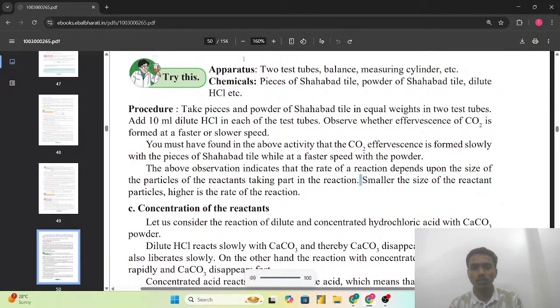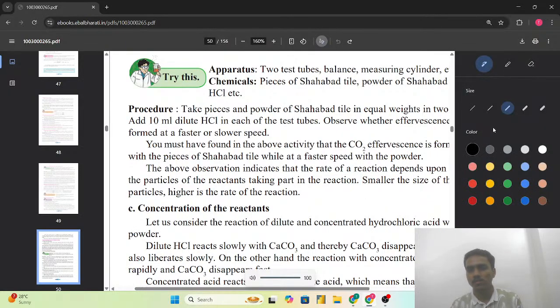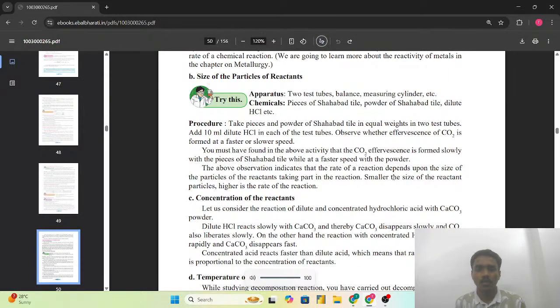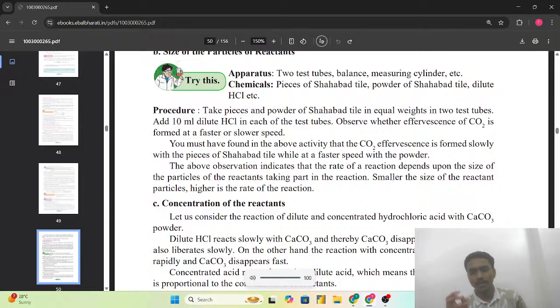So this is again one of the important things, as it is basically asked in the activity part in the exam: smaller the size of the reactant particles, higher will be the rate of the reaction. This is the thing to remember. If we take the Shahabad tile as a whole piece, it will obviously take more time for the completion of the reaction and release of the CO2 effervescence.